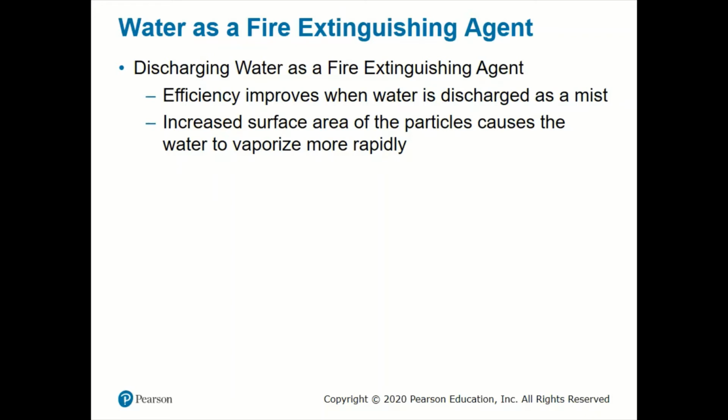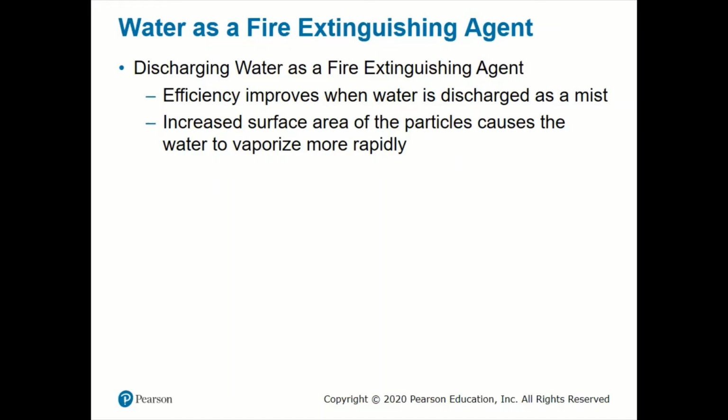We're getting more water molecules exposed to the heat to get converted to the vapor than we would have otherwise. Again, the problem that we run into is that if we are dealing with something large scale, we can't produce nearly enough mist to start to reverse the flow of energy, which is really what we need to do.